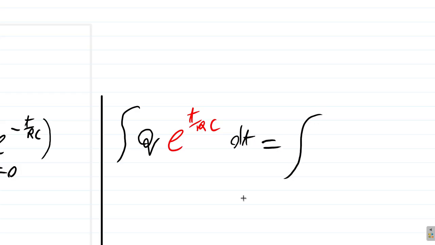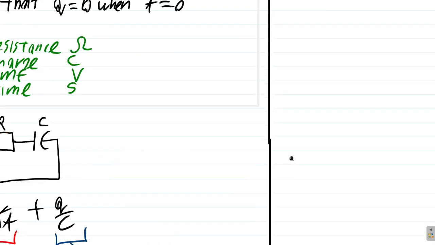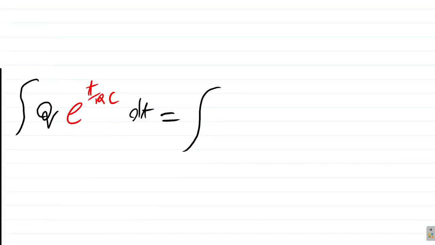This is equal to the integral of, what was it again? v over r times e to the t over rc dt. So it is v over r times e to the t over rc dt. I put the constant on the left and then the function on the right, because v over r is a constant, right?